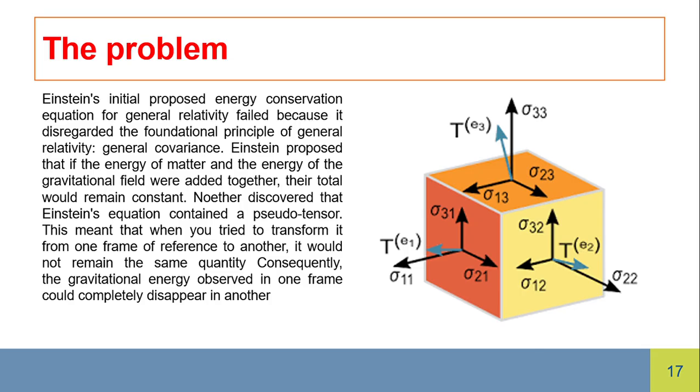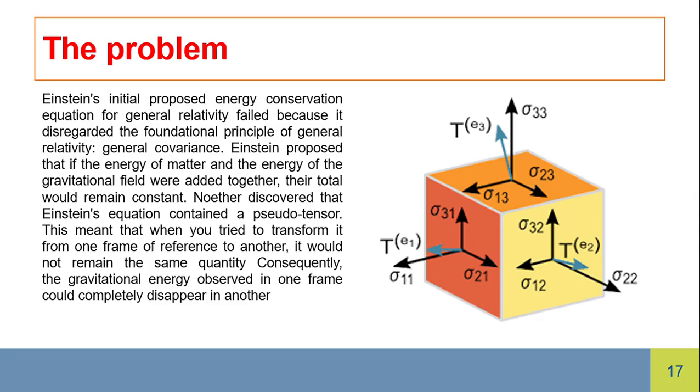It was a very huge problem, because if it was not dealt with, that would mean that the conservation laws are breaking. And general covariance, as we discussed, is a core tenet of general relativity.